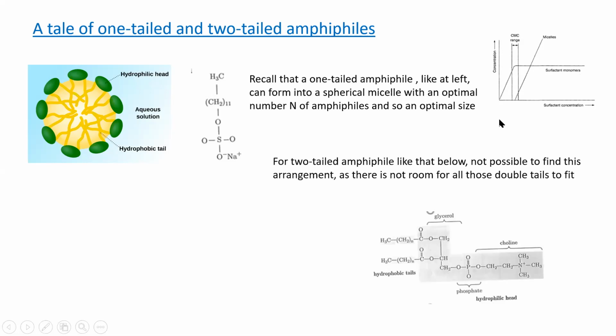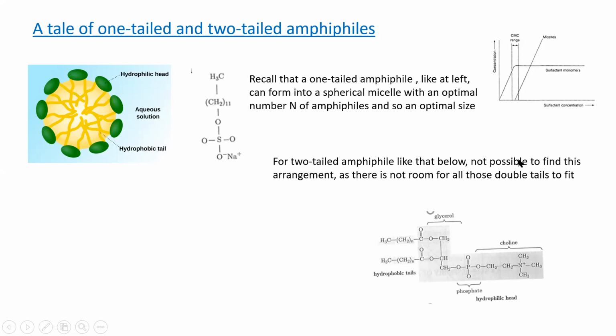However, for a two-tailed amphiphile, like the one below, which is called PC, for the phosphate and choline groups which are in it, see, it has two hydrophobic tails. These two tails here are hydrophobic.